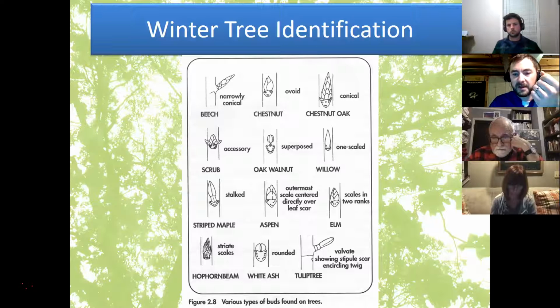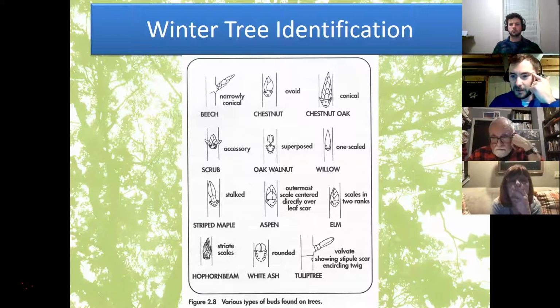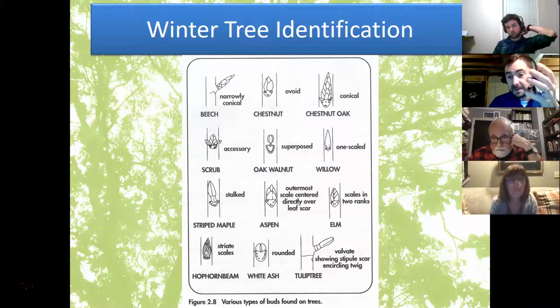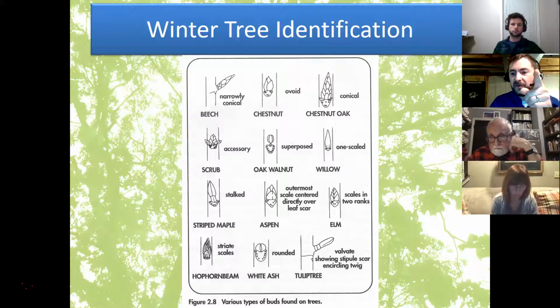Something like bitternut hickory is going to have this sulfur colored slender bud, and it's bright and it's really neat looking. And I just like to look for it when I'm looking at hickories. But regardless of the amount of leaflets on a leaf, because it's compound, that bud is going to be the giveaway on that hickory. So just kind of some neat things.